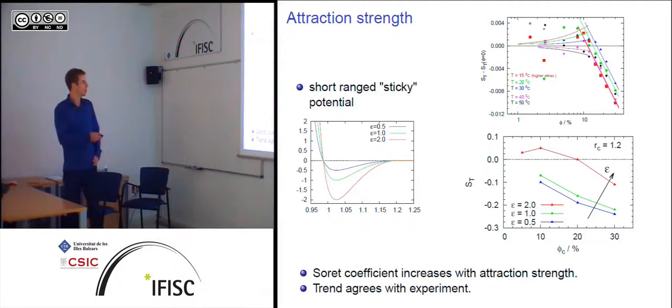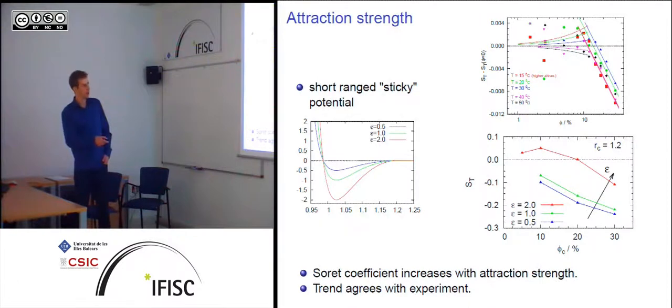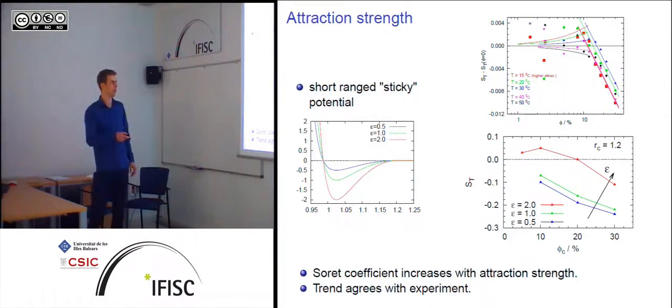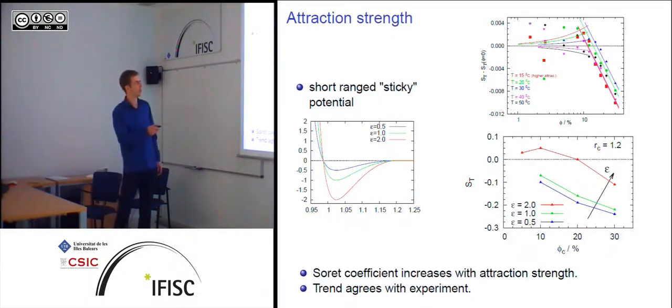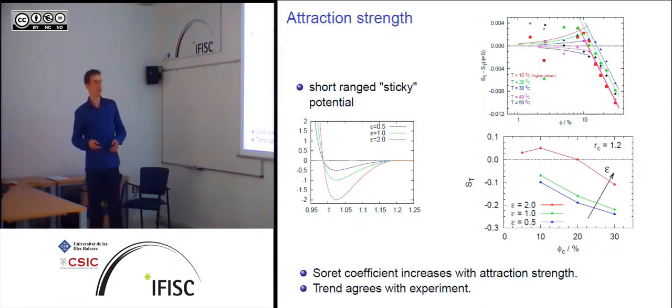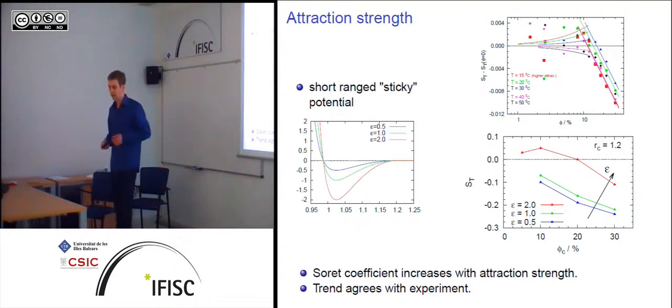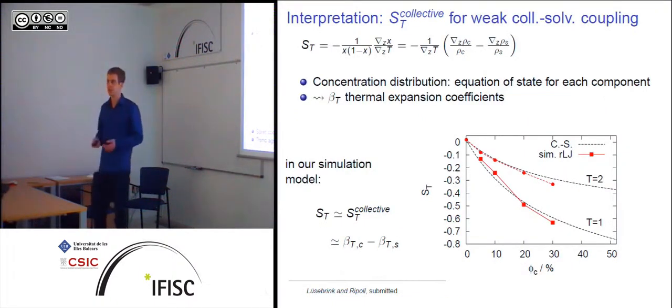And then with different interaction strengths, we find that with very attractive, so to say, very sticky colloids, we have a positive Fourier coefficient, and for the not so strong attractions, we have a negative Fourier coefficient, which is similar to the hard sphere-like colloids in experiments and the very sticky colloids. So in general, we have a trend that agrees with the experiment. So in the end, we were interested in what is the origin of this behavior, and we tried to explain this.